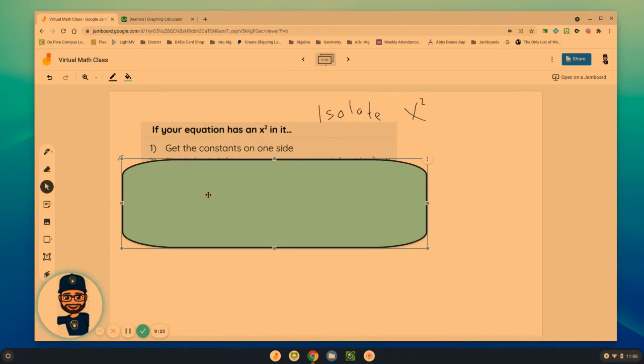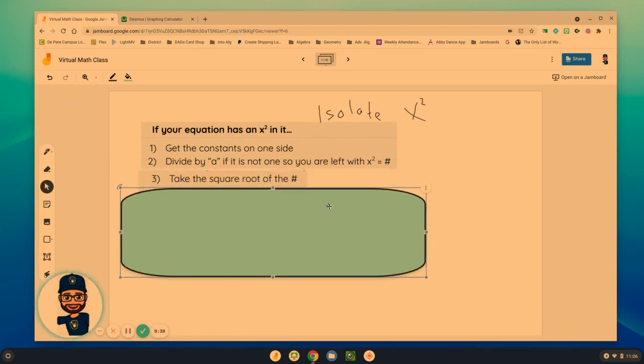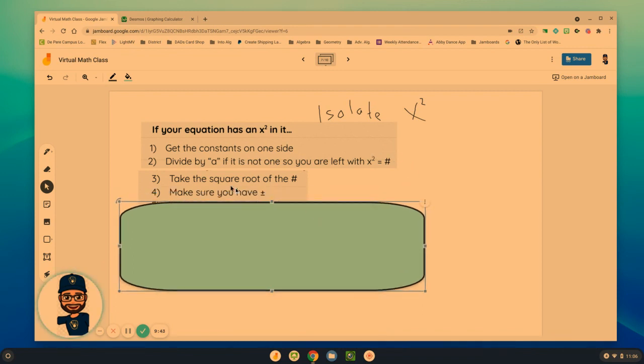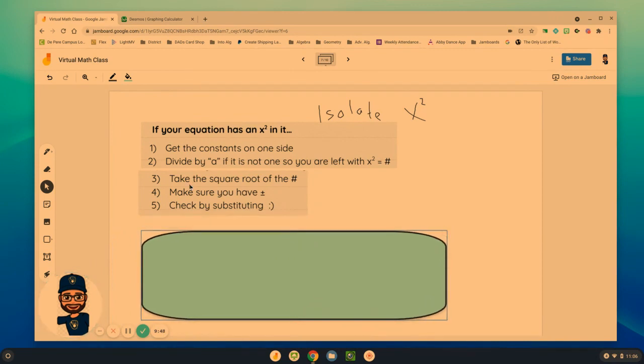So those are numbers that don't have a variable. Then I'm going to divide by the a value to both sides, if there is one. That's going to leave me with x squared equals some number, just like we had x squared equals 36. And then we're going to take the square root of that number and make sure that we have both a positive and negative value. And we could check that by substituting it back into the original problem.